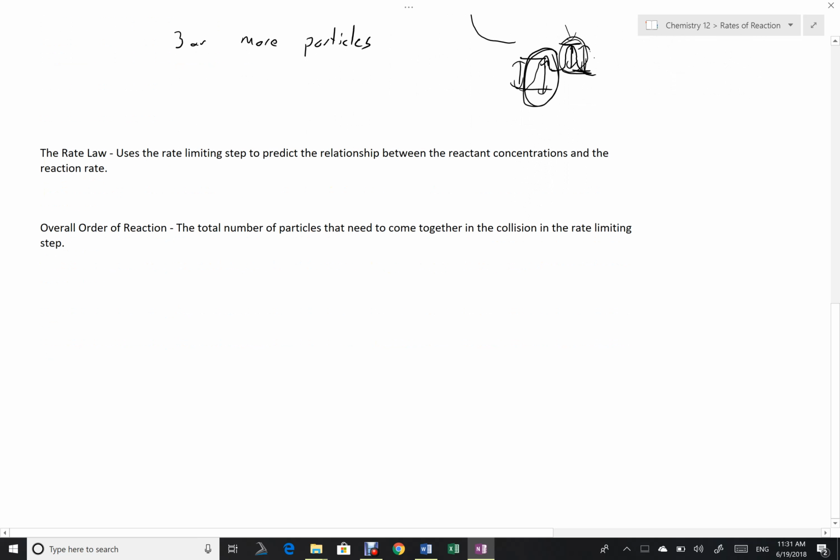The rate law uses the rate limiting step to predict which concentration of reactants will affect the overall rate of reaction.